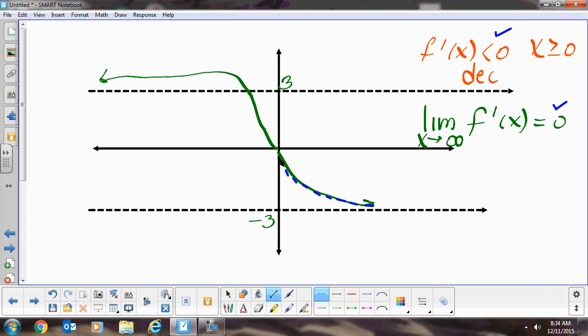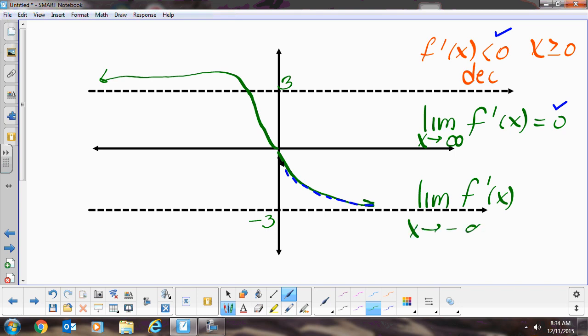What's the third one? Now they're saying that the limit of f prime of x as x approaches negative infinity is 3. All right. Again, pay attention to your notation. What are they asking again? They're asking for the what?